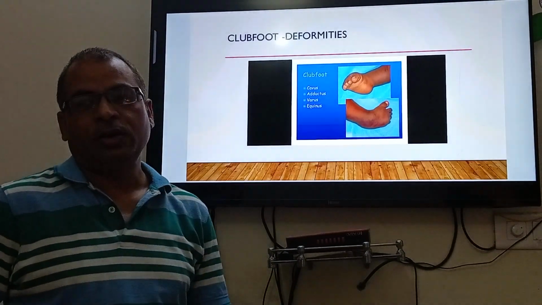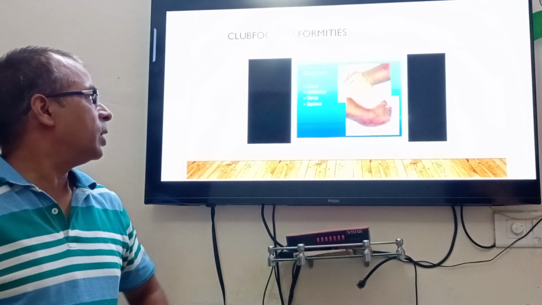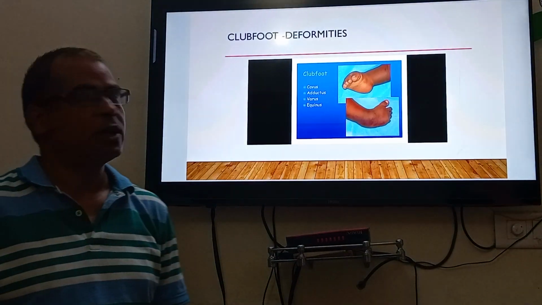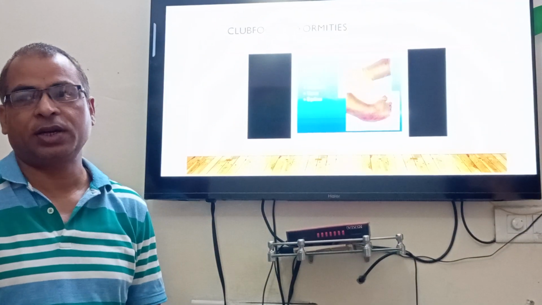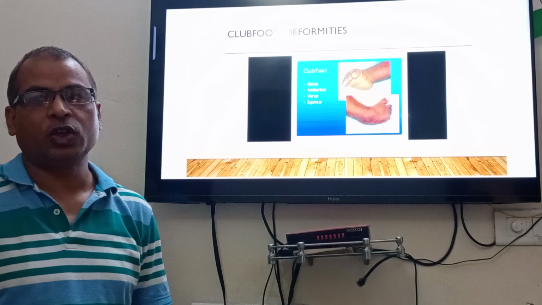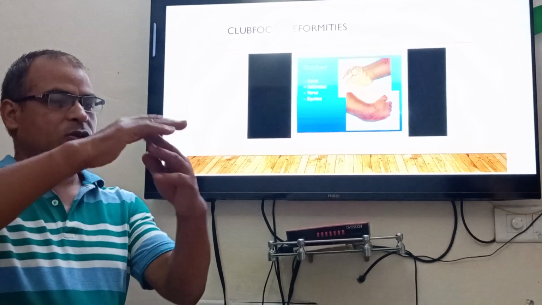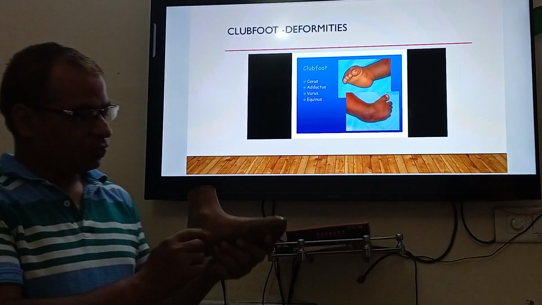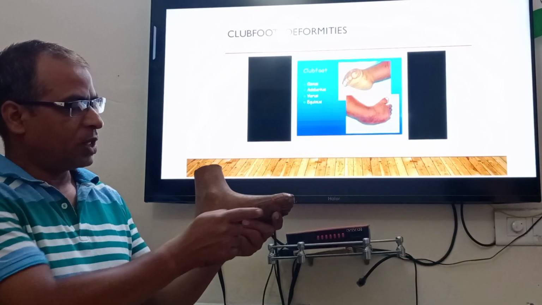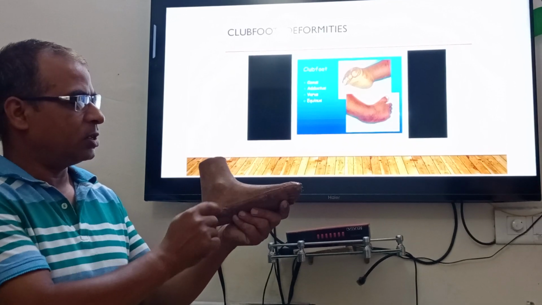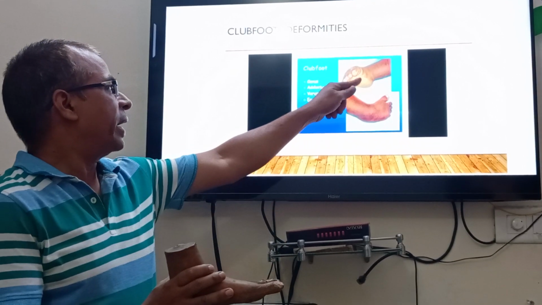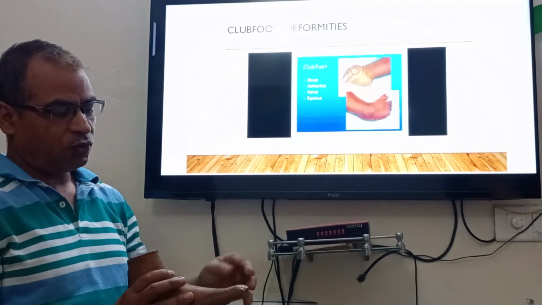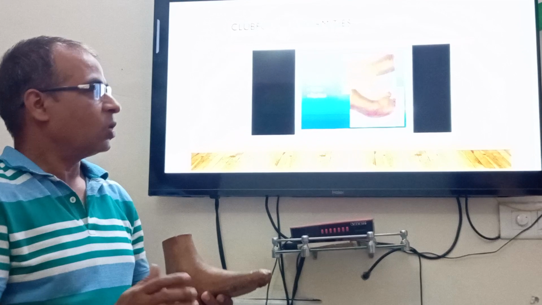Clubfoot has different deformities, mainly cavus, adductus, varus, and equinus. Cavus is the exaggerated medial longitudinal arch, so there is a high arch actually. If you are looking at the foot, this is the medial longitudinal arch, and if it is exaggerated, then it is cavus. The next deformity is adductus, or forefoot adduction, it goes inside.